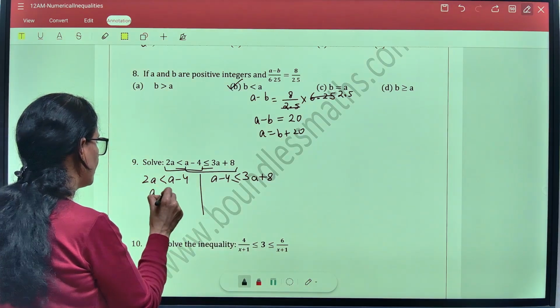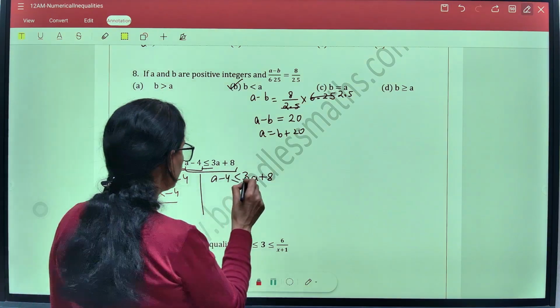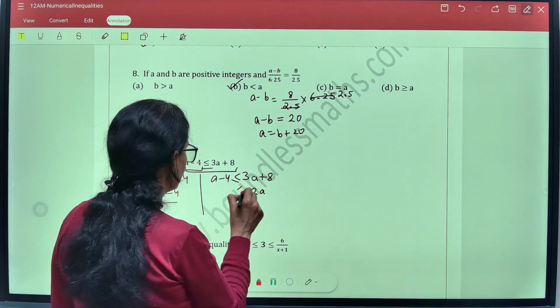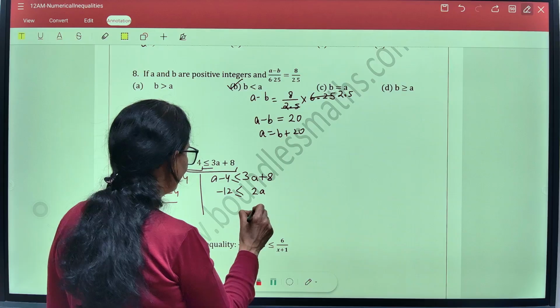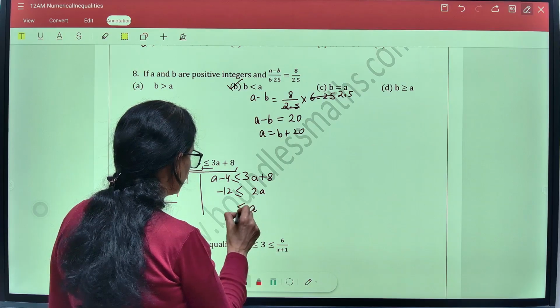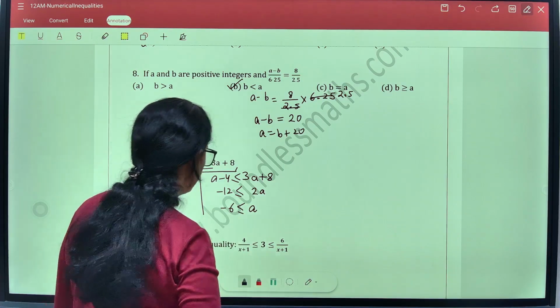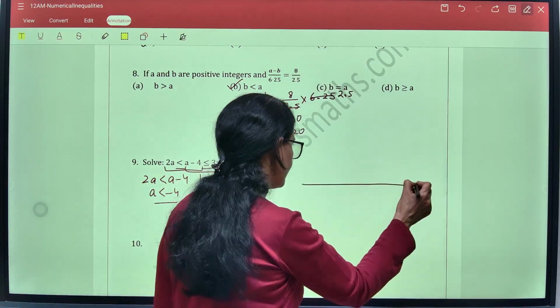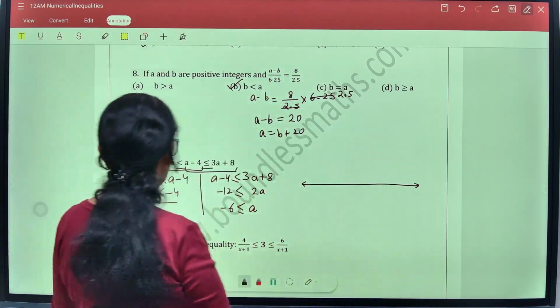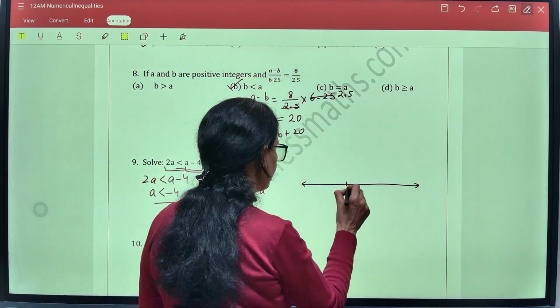2a minus a becomes a less than minus 4. 3a minus a becomes 2a, and we have minus 4 and minus 8 becomes minus 12. So a is bigger than or equal to minus 6. Now for writing the final solution, let's try to represent both these solutions on the number line. A is less than minus 4 means we have minus 4 here.